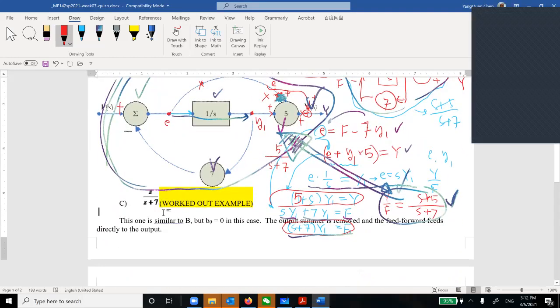It is called, again, this relative degree is 0 and it's proper, but not strictly proper. So in this case, we can use the similar ideas. This can be written as 1 minus 7 over s plus 7, right?